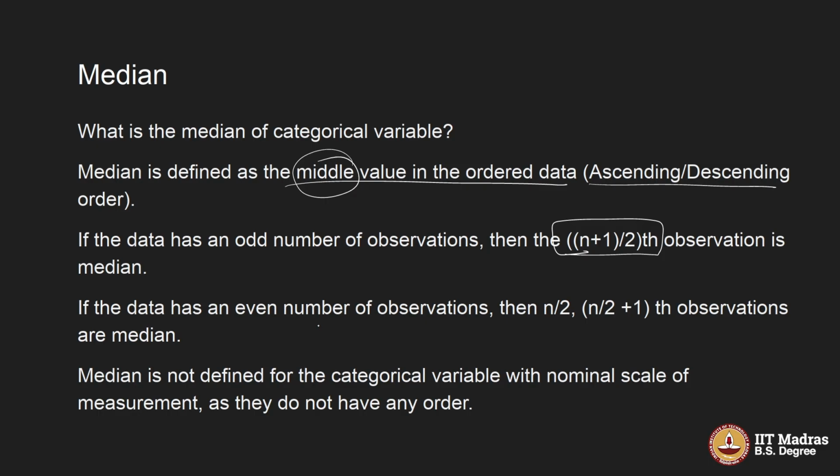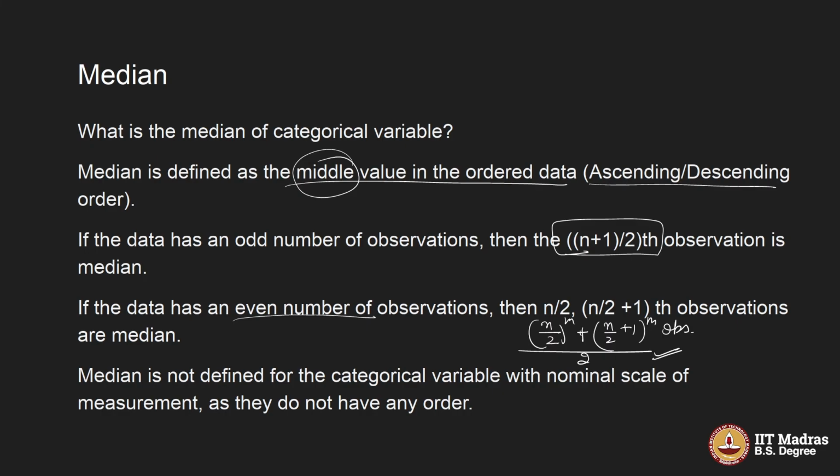If the data has an even number of observations, then we take the average of the n by 2th and (n by 2 plus 1)th observations. We calculate their average, and the average is the median.